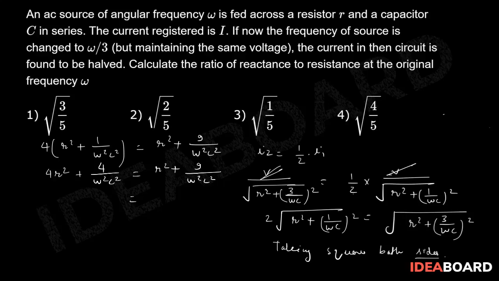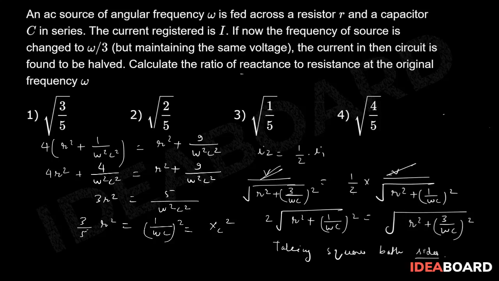Now we can rearrange r square to one side, so this will be 3r square and this will be 5 upon omega square C square. Carefully, I can write 3 by 5 is equal to 1 upon omega C whole square upon r square. And 1 upon omega C is nothing else but Xc.